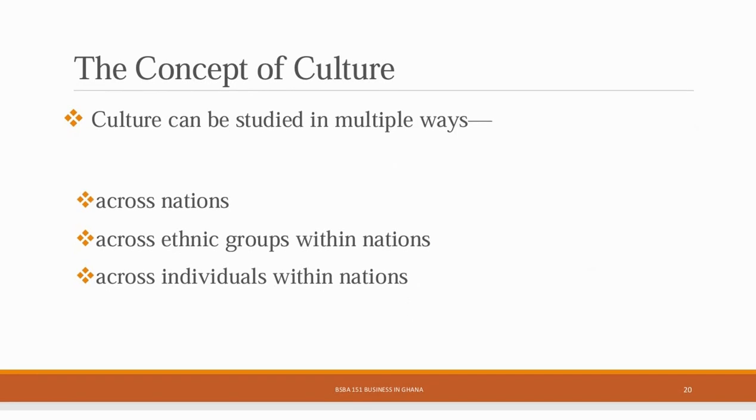Okay, yes. So let's look at some studies under culture. So we are saying culture can be studied in multiple ways. One is across nations. So the across nations is talking about countries, right? So the culture of Ghana is different from the culture of Burkina Faso. Now you can talk about the politics.